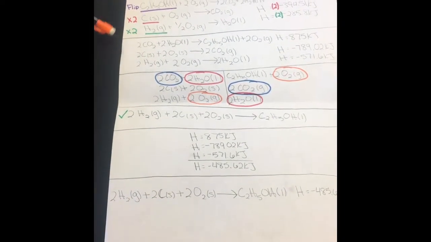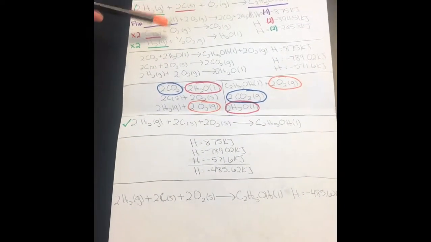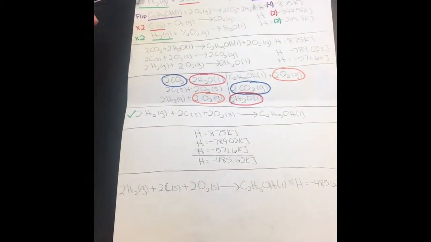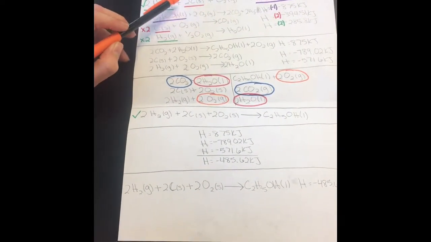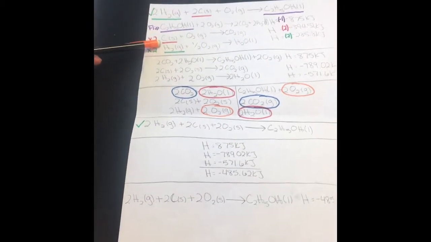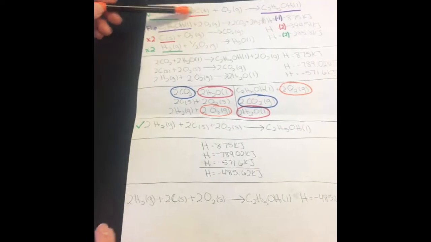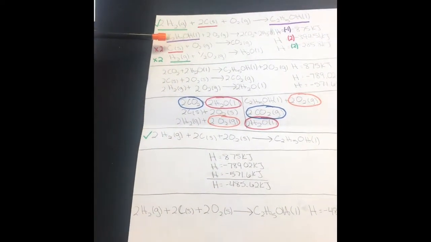Then for this equation, C plus O2 with the product of CO2, in the initial equation there's 2C right here, which means you have to multiply this whole line by 2 so that it has 2 in front of it, the same as the initial equation.